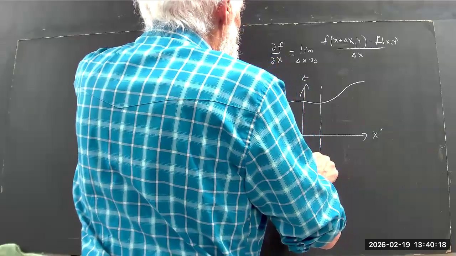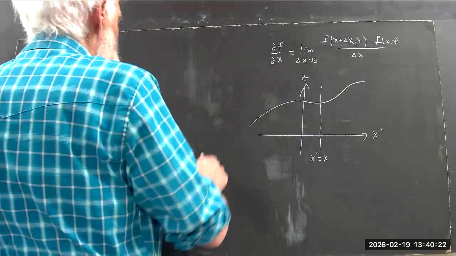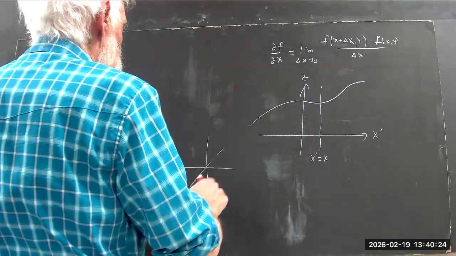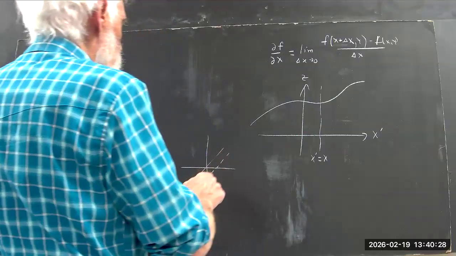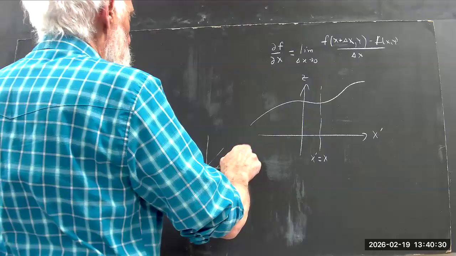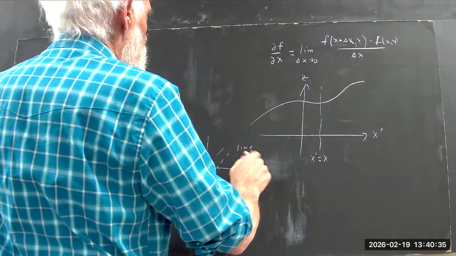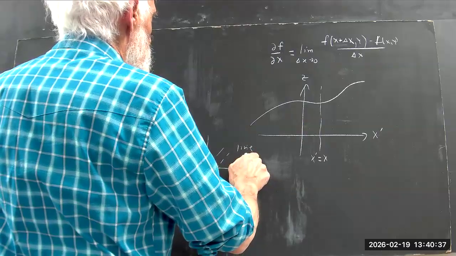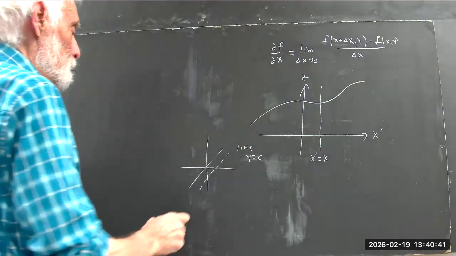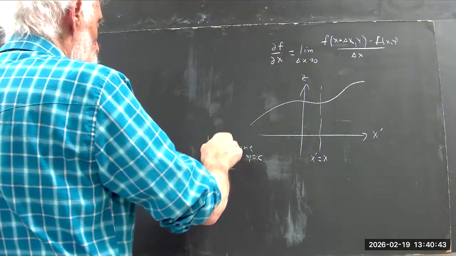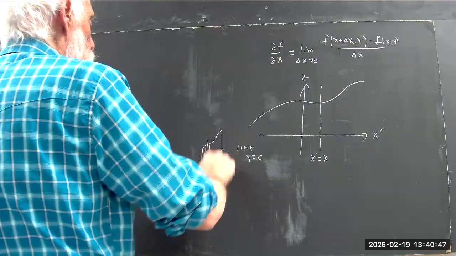So here is, say, x prime equals x. Now, in three dimensions, what I'm really saying is, here's the line y equals C. Above this line, you've got this curve.